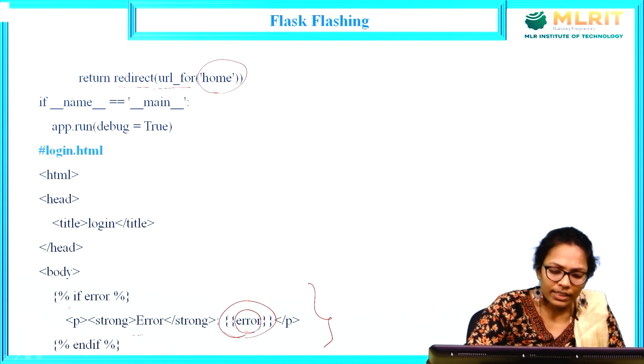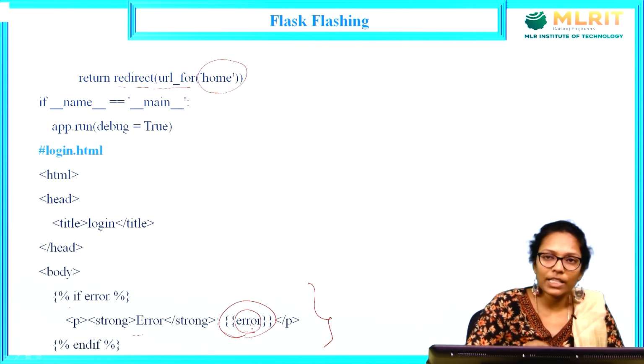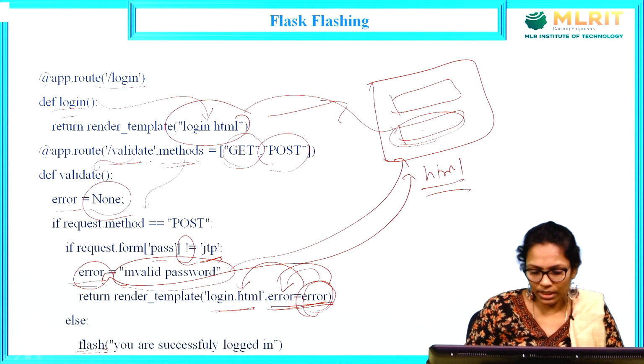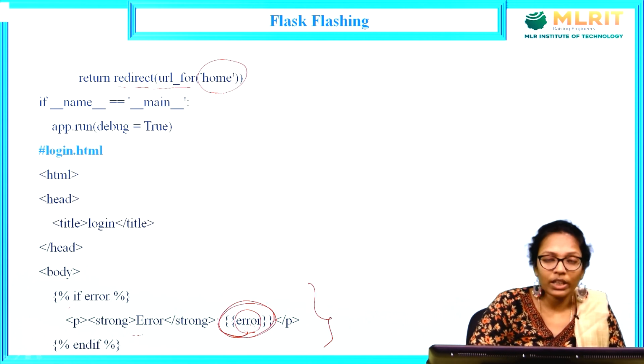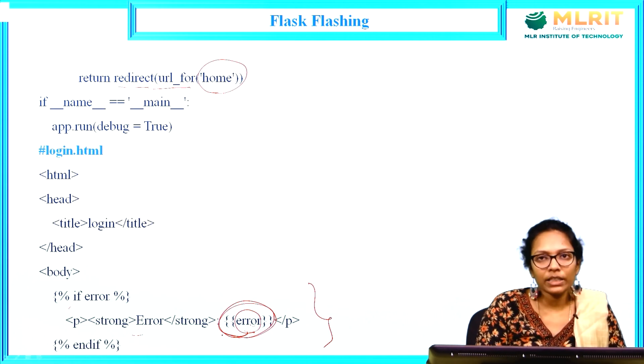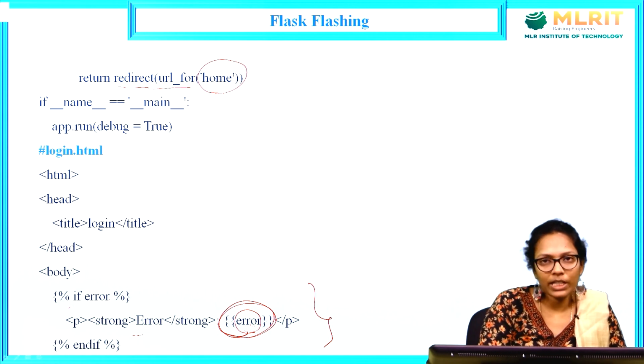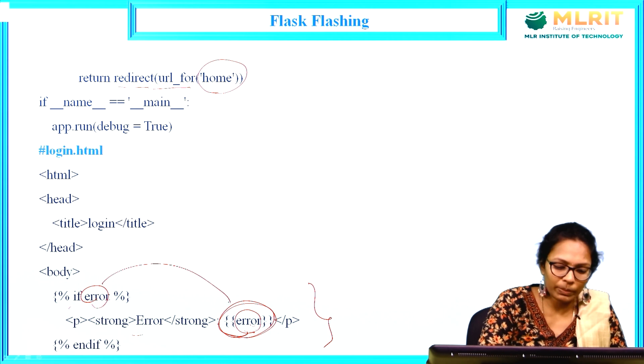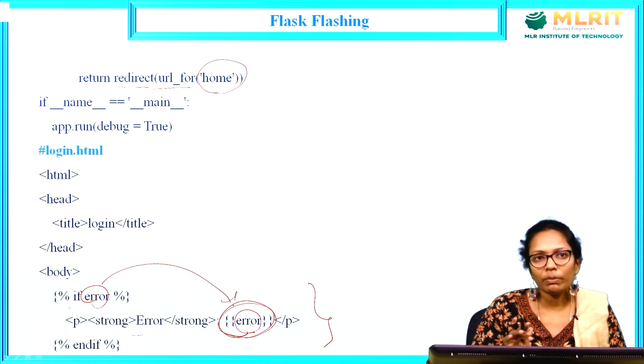This error information is passed by the Python application, the server, to login.html, and the same thing you are displaying. If error is there, then only you are displaying; if error is not there, it will not be executed.